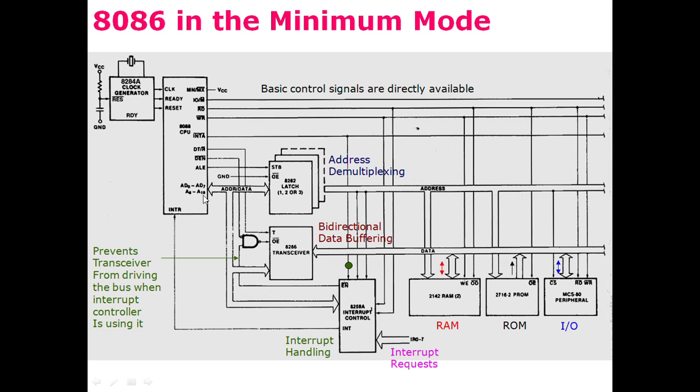The signals coming from the microprocessor are demultiplexed and buffered. This is additional circuitry that is used to demultiplex multiplexed pins and to buffer some of the pins which are not demultiplexed. So it is the 8086 microprocessor connected with input and output devices, ROM, RAM, and other circuits.